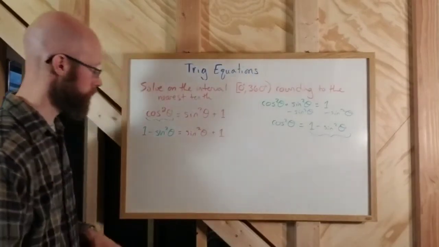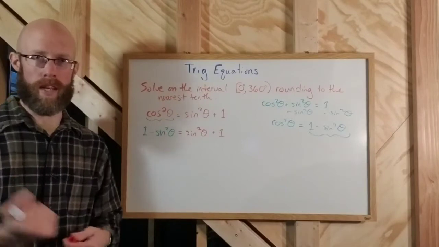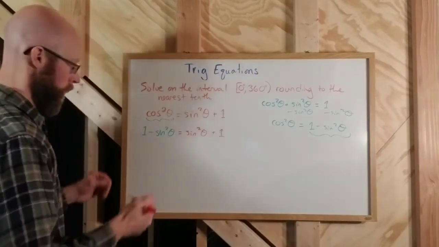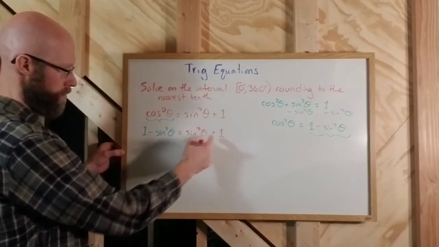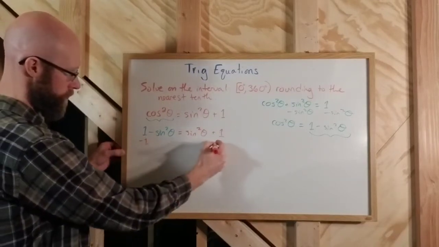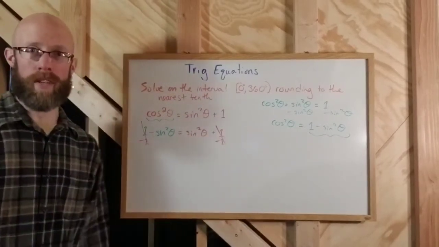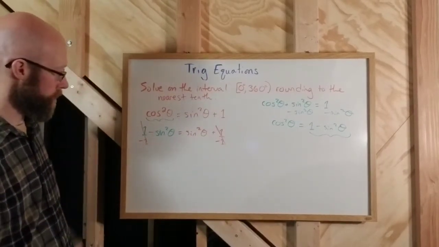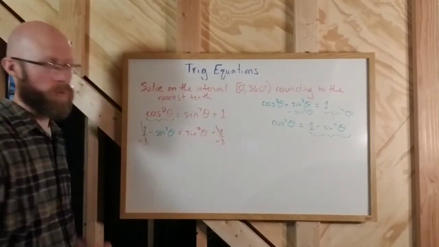Now, let's try to group our sines and our ones together. Well, actually I could subtract 1 from both sides. Subtract 1, subtract 1, and all the ones cancel off. It's kind of interesting. So I end up with negative sine squared equals sine squared.